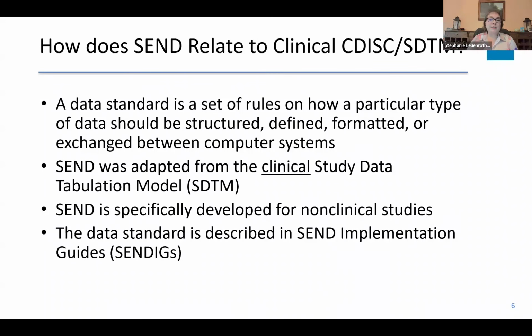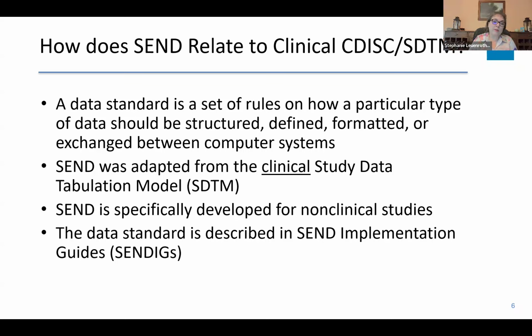So the SEND standard for non-clinical, how does that relate to clinical data standards? I think it's important to point out that the clinical data standards came first. In particular, just the definition, a data standard is a set of rules on how a particular type of data should be structured, defined, formatted, or exchanged between computer systems.